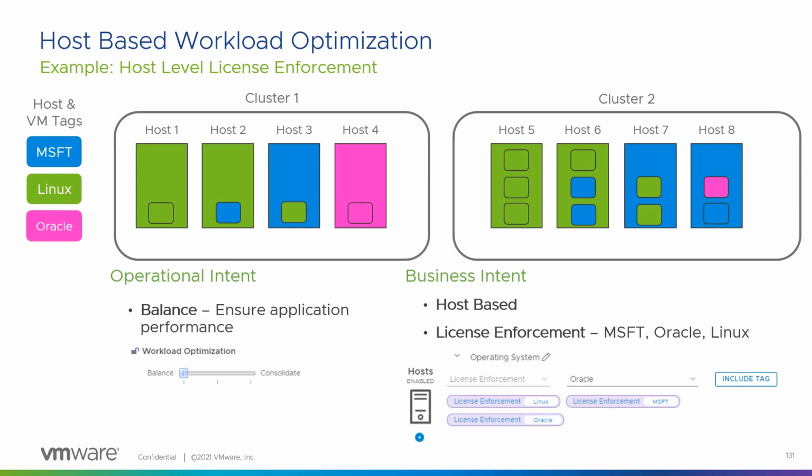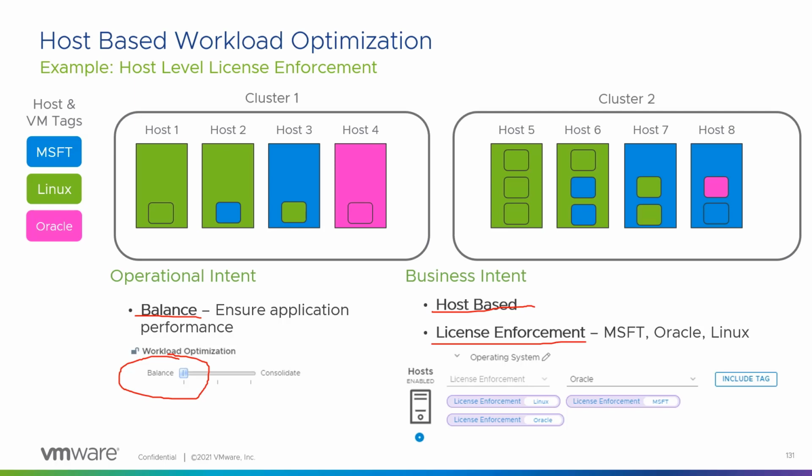The first thing we're going to do is set up our operational intent balance. We want to drive the best possible performance in the environment between and within the clusters. So we're going to go ahead and set that up. The next is we're going to choose host-based placement, and we're going to choose our tag category for license enforcement, which again we created over in vCenter a while back.